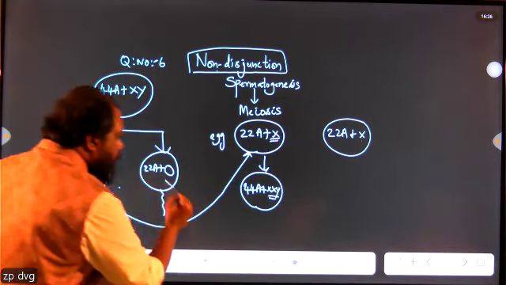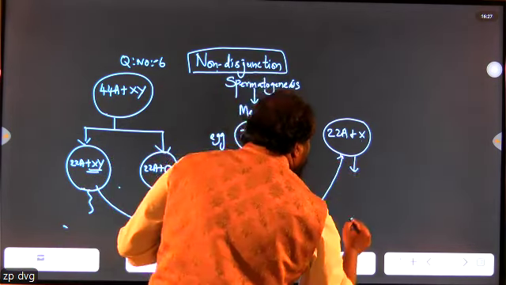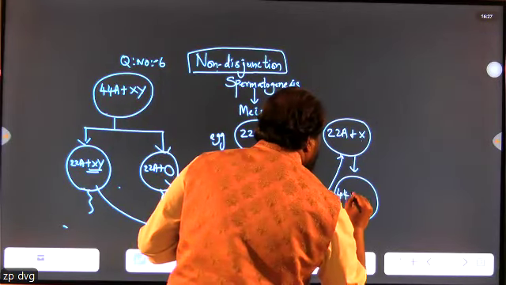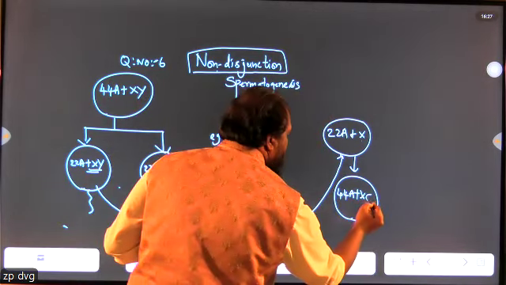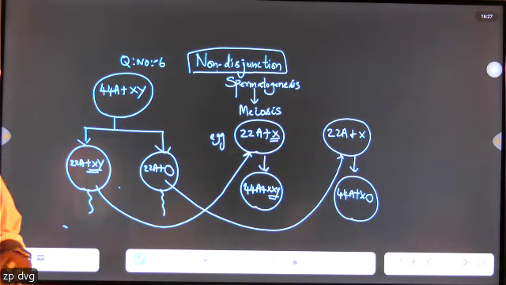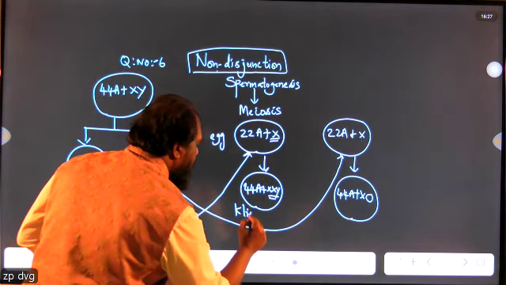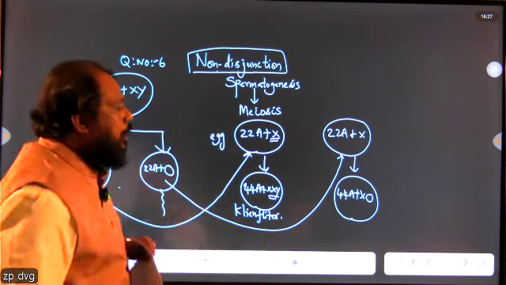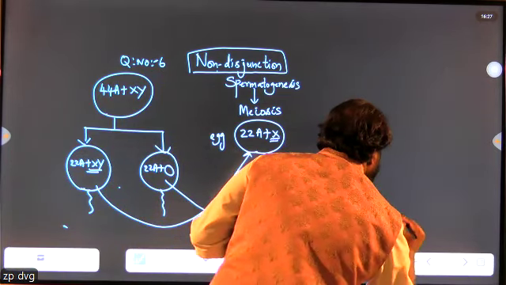Okay. Now imagine this sperm goes and fuses with this egg. What will the resultant zygote have? The resultant zygote will have 44A plus 1X, and there is absence of the other sex chromosome. Now you know the karyotype 44A plus XXY is Klinefelter syndrome. 44A plus XO is Turner syndrome.